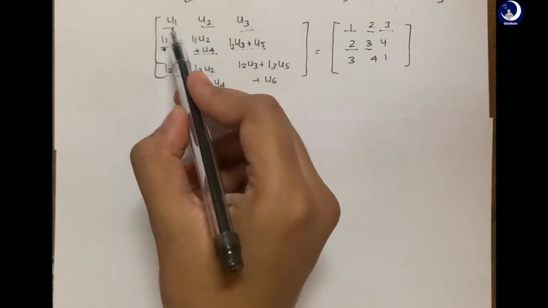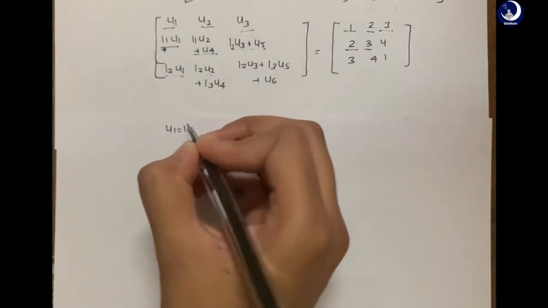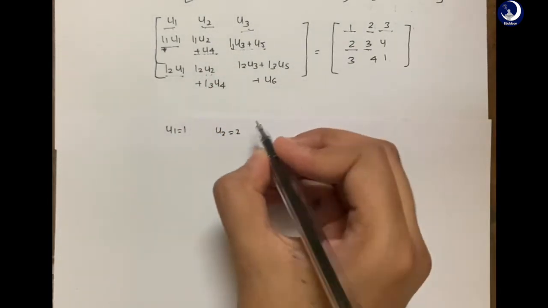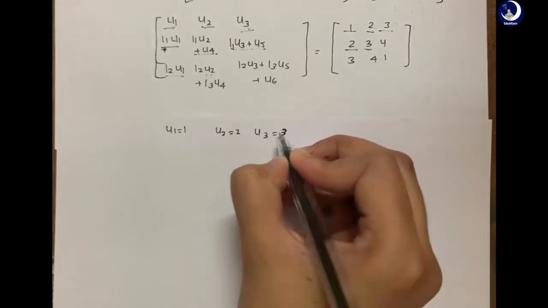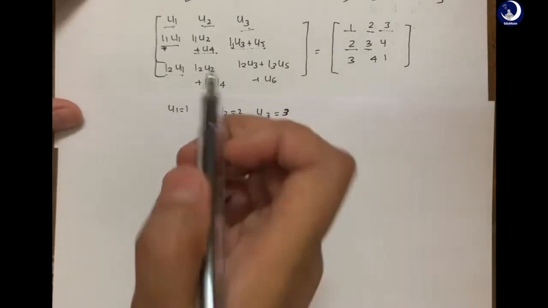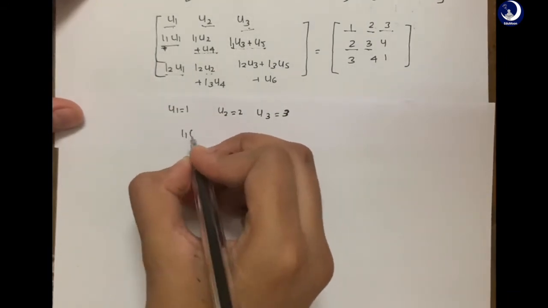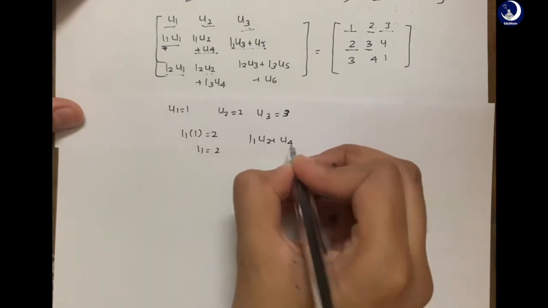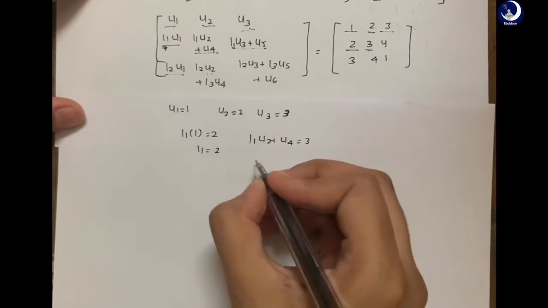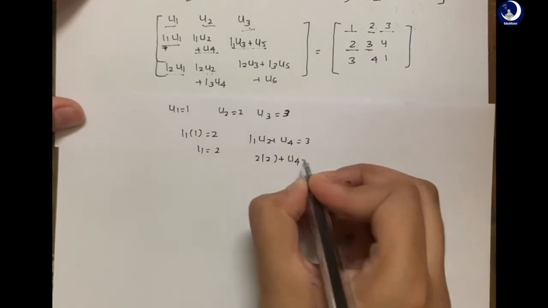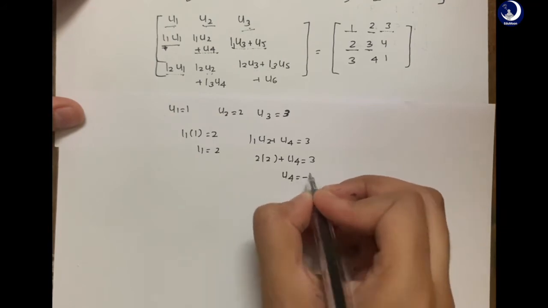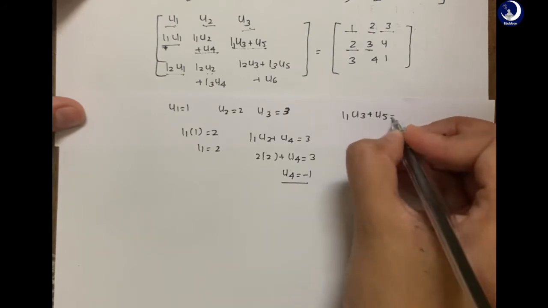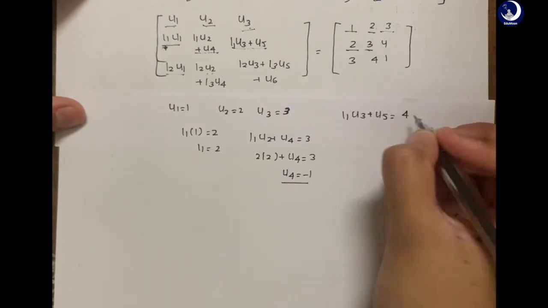First, u1 equal to 1, u2 equal to 2, u3 equal to 3. Now, L1 u1 equal to 2, L1 u2 plus u4 equal to 3. Let's substitute L1 and u2 values. Equal to -1. Now L1 u3 plus u5 equal to 4.